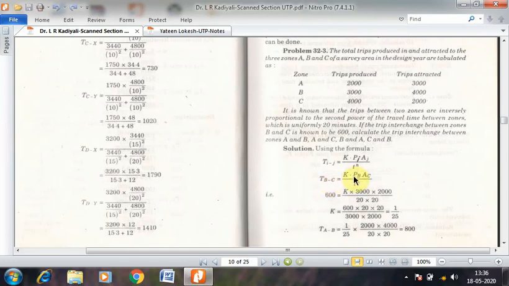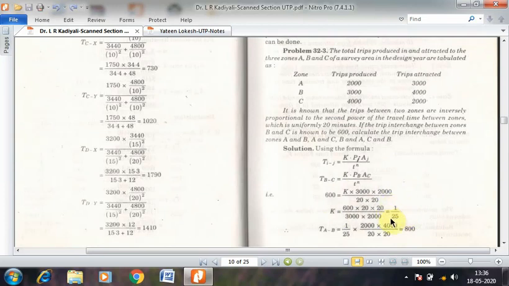P_B is 3000, the trips produced for zone B, multiplied by A_C. A_C is the attraction, that is 2000, divided by the travel time, which is the same throughout, so it would be 20 square. Once you solve this step, you will get the value of k as 1 by 25. So the value of k is known.